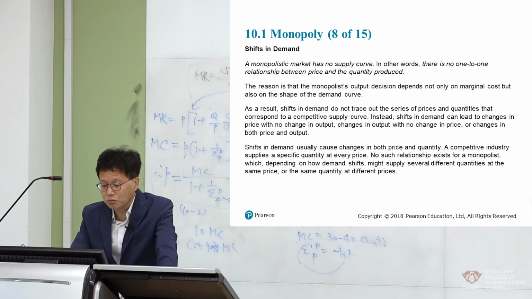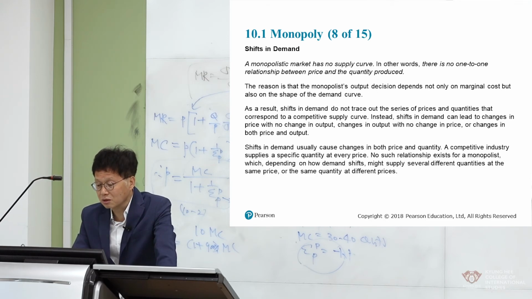As a result, shifts in demand do not trace out a series of prices and quantities that corresponds to a competitive supply curve. Instead, shifts in demand can lead to a change in price with no change in output, a change in output with no change in price, or a change in both price and output.